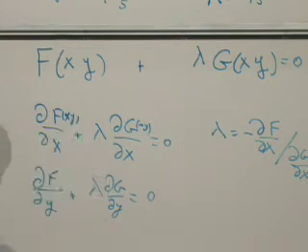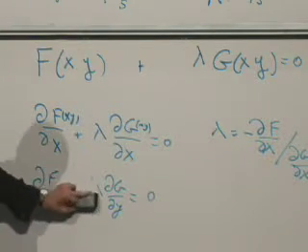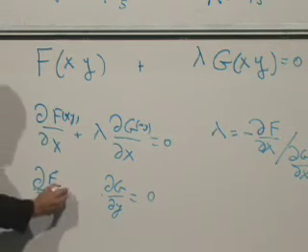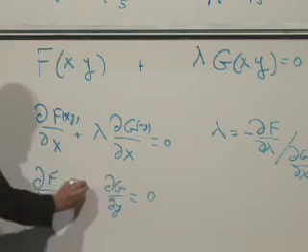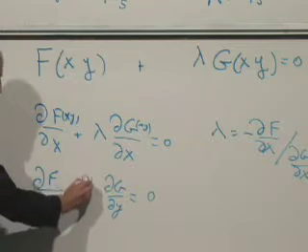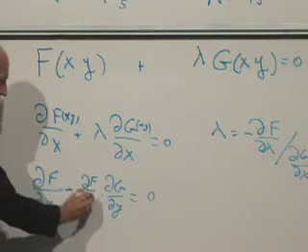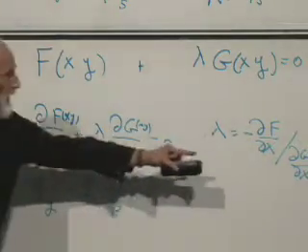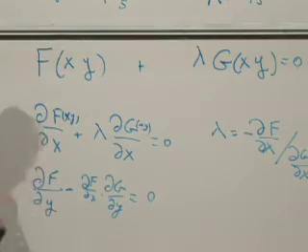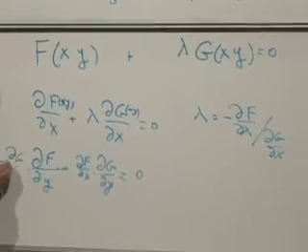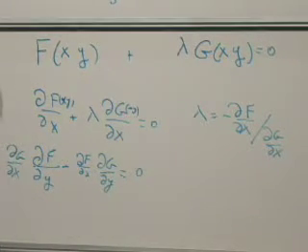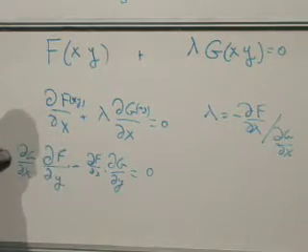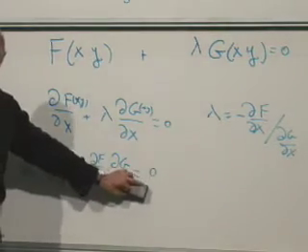All right, let's plug lambda into here. So we have lambda, minus sign, df by dx divided by dg by dx. But instead of dividing by dg by dx over here, let's just multiply by dg by dx over here. It really was divided by dg by dx, but then I just multiply. The right-hand side is 0.